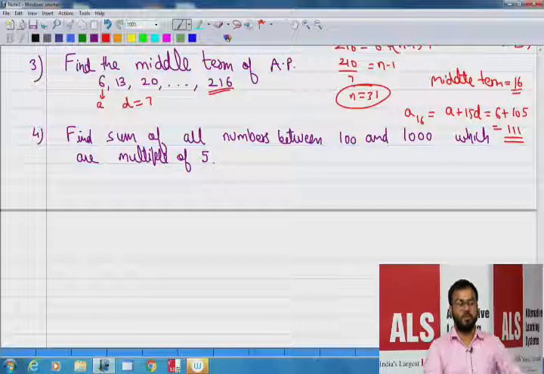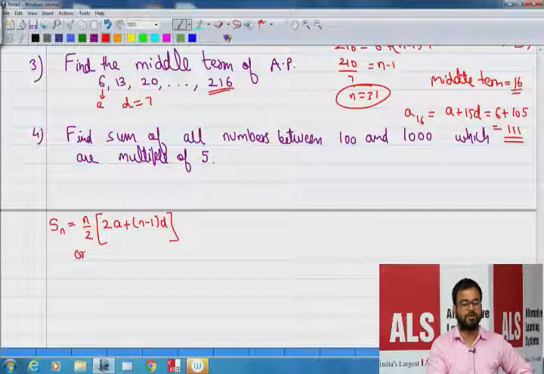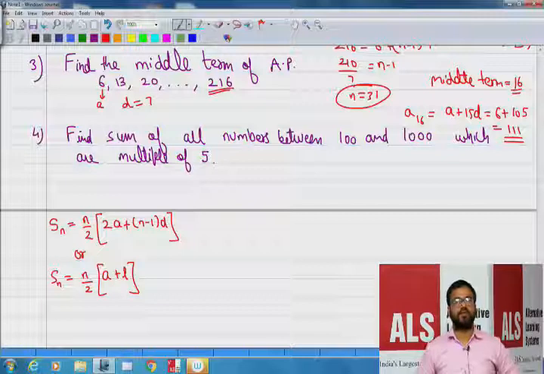Just use the formula. Let me tell you the formula to find the sum of n terms of the AP. Sum of n terms is given by n by 2, 2a plus n minus 1 into d, or sum of n terms is also given by n by 2, first term plus last term, a plus l. So depending on the situation, you can use either formula.